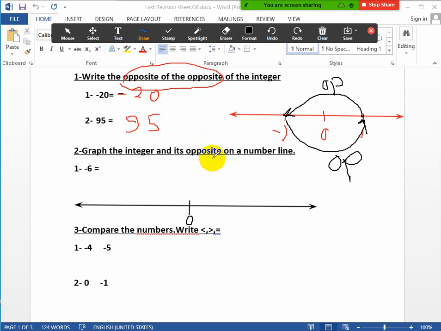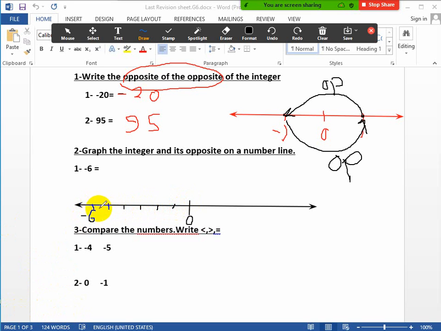Yes, dear, negative 6. Look, I want to locate negative 6. It will be on the right of 0 or on the left of 0? On the left, very good. In the negative side. So I have to count here 1, 2, 3, 4, 5, and 6. This is negative 6.